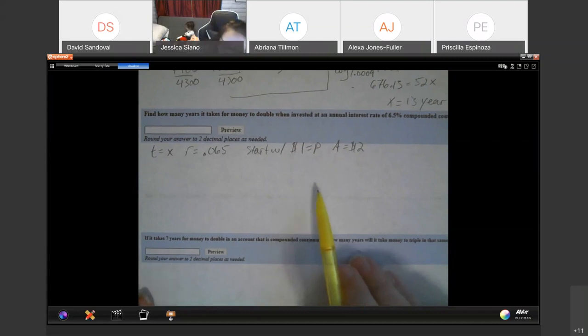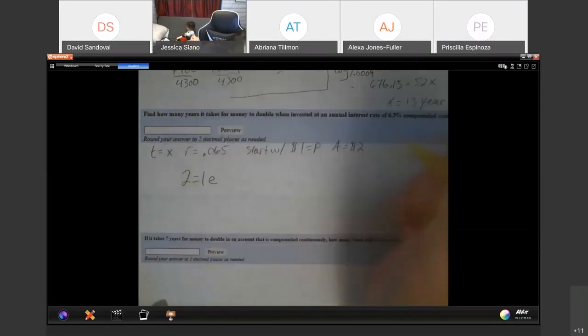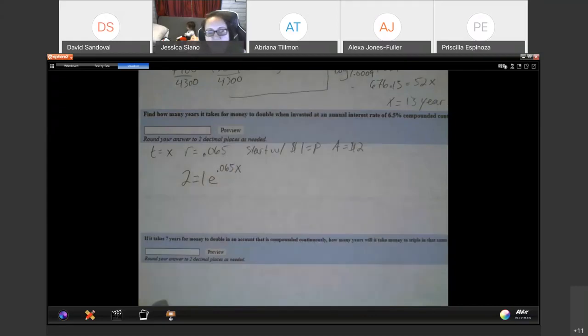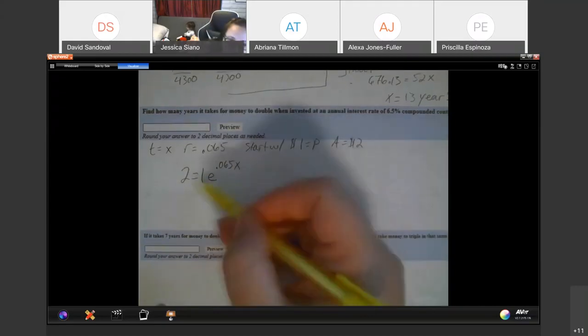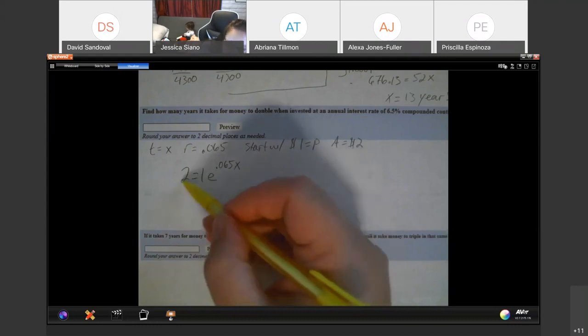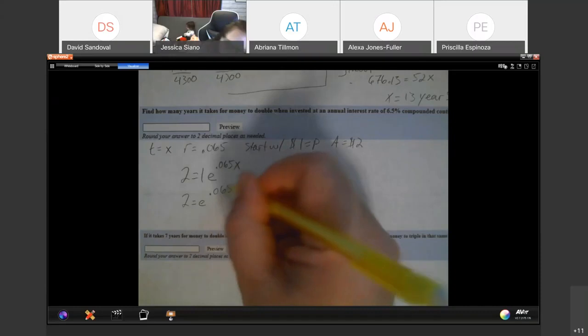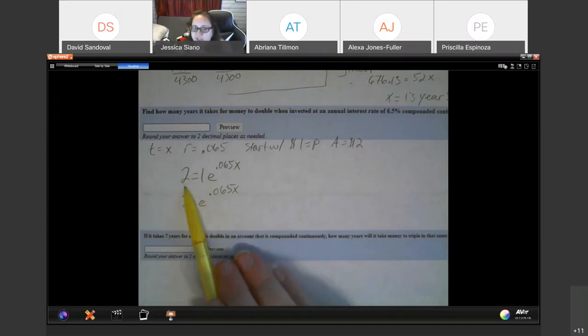Okay, so we needed Pe to the rt. So 2 equals 1e to the 0.065x. Now, if I divided both sides by this 1, I would just have a 2 here. And if I had had a 50 here and a 100 here, I would have divided both sides by 50, and I would have wound up with a 2 here.